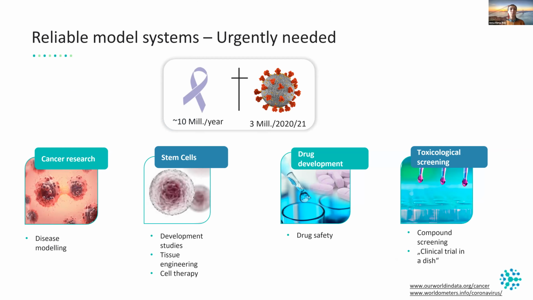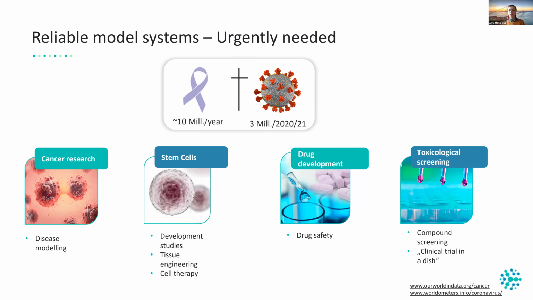So reliable model systems are urgently needed. For example, last year, around 10 million people died due to cancer. And model systems which allow us to model the disease and to get new insights about the origin of the diseases can help to find new drugs and help to decrease the number of deaths.